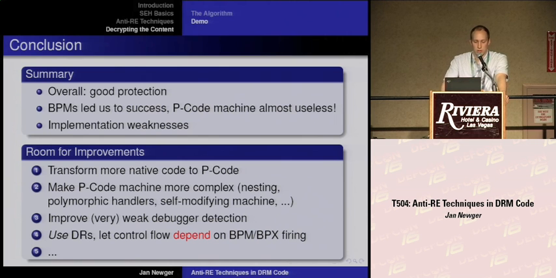Another way to improve the protection would be to use debug registers for their actual purpose. That is, the system could just let control flow depend on BPMs. In this way, we would have no chance of emulating any debug registers, because they would be used by the protection itself. I don't know why the developers of this protection didn't do this.